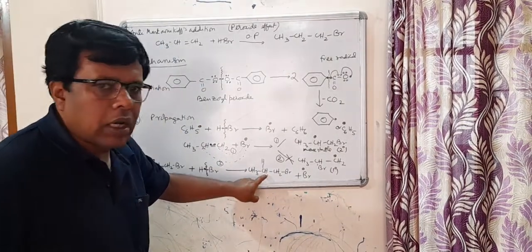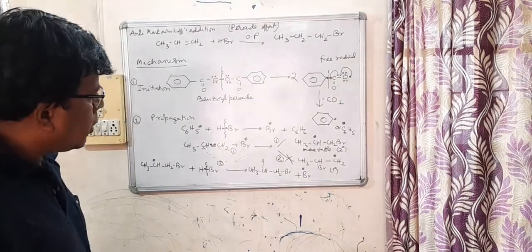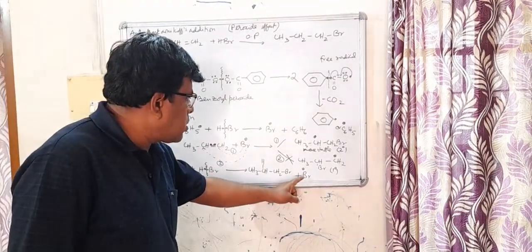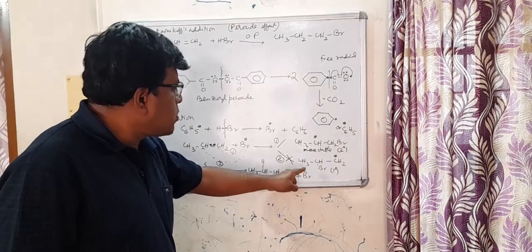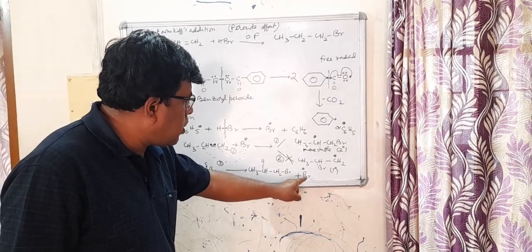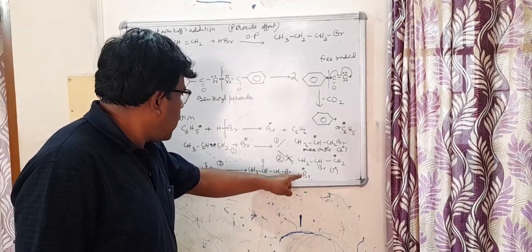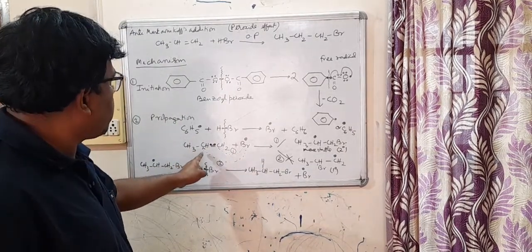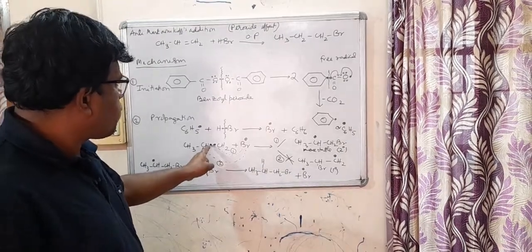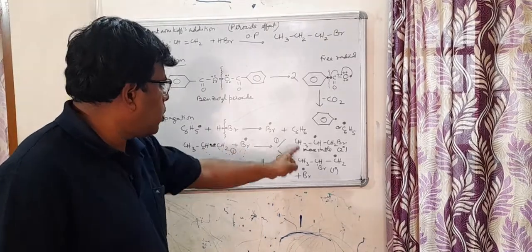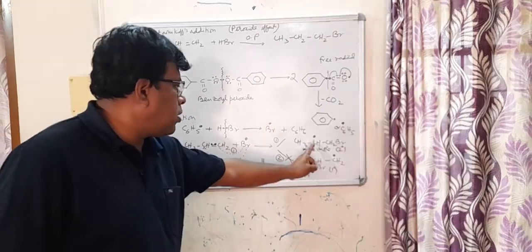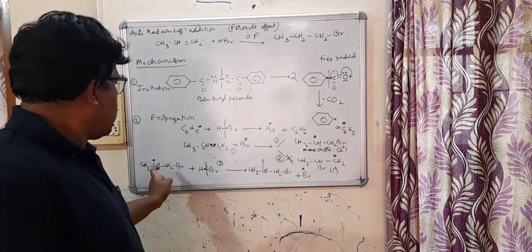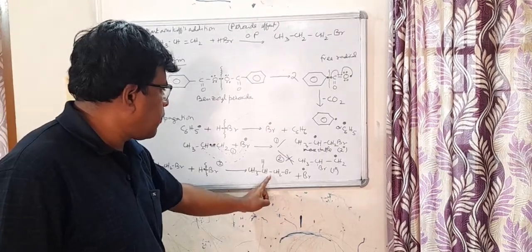We have got the product, and then what happens with this bromine free radical? This bromine free radical that is formed here will act on another molecule of propene. It will form this one again, and this will again form another product.